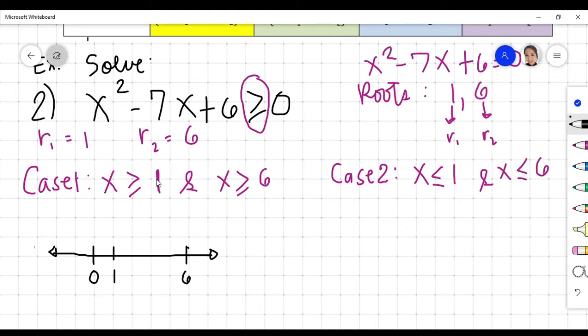So x greater than or equal to 1. This one has an equal to, so we will use a shaded circle above 1, and it moves to the right. Then for x greater than or equal to 6, that is still shaded and it moves to the right again.